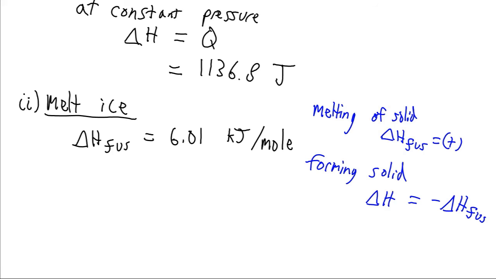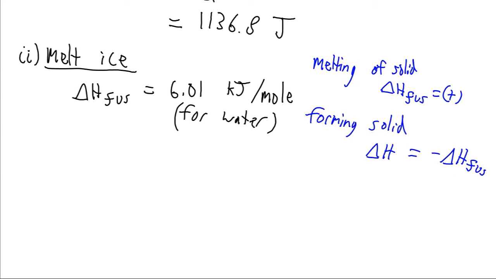So make sure you know this definition. If you don't, you'll get in trouble. And also note that this is for water. All these quantities, they're for specific substances. So if I give you a problem about uranium or alcohol or something, you don't go trying to use these quantities. You'll have to look them up for any of those substances.